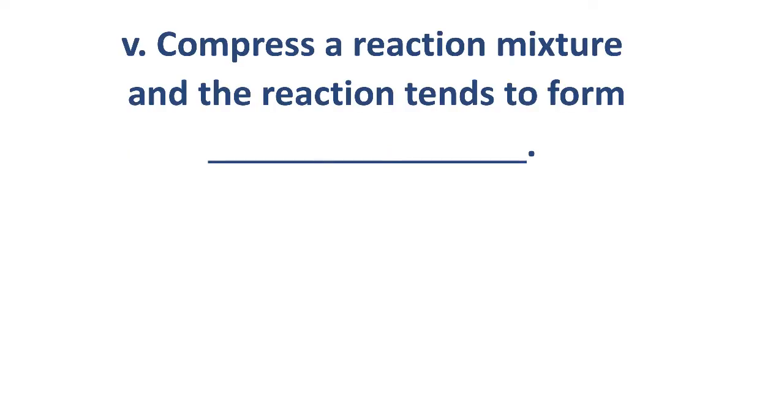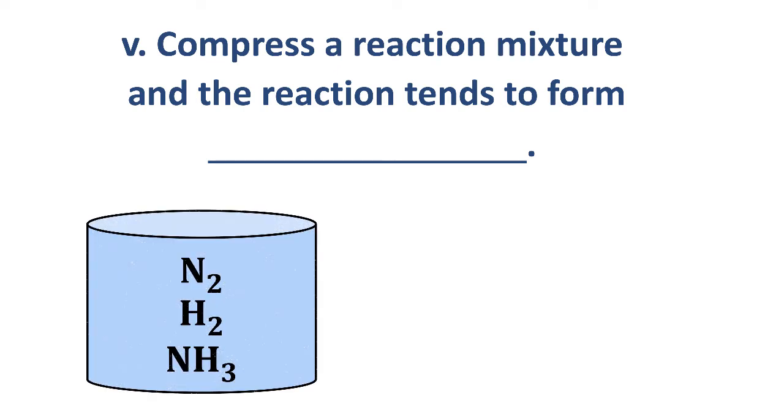Now, if we have a gaseous reaction mixture and we compress it, we can think about what happens, again, by looking at the nitrogen, hydrogen, ammonia equilibrium. So here we have a container of nitrogen, hydrogen, and ammonia in equilibrium.